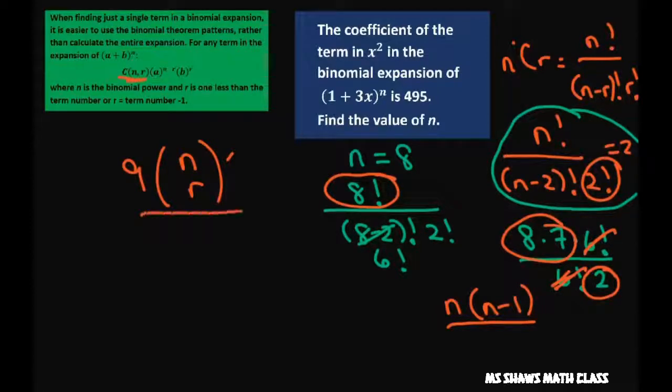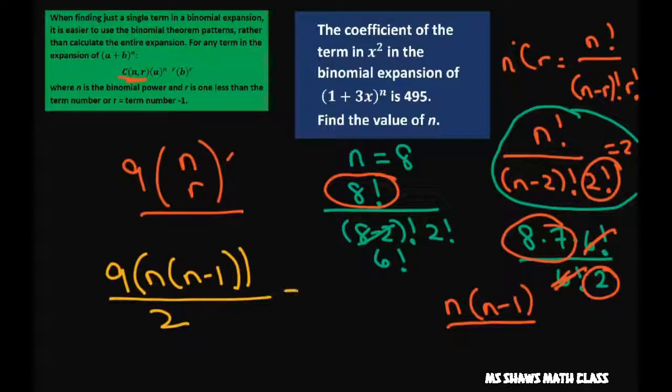So that's how I'm going to write this. That's going to be 9 times n times n minus 1, divided by 2 equals 495.